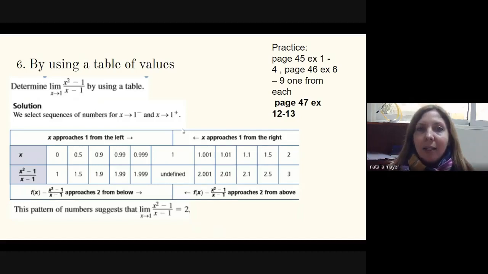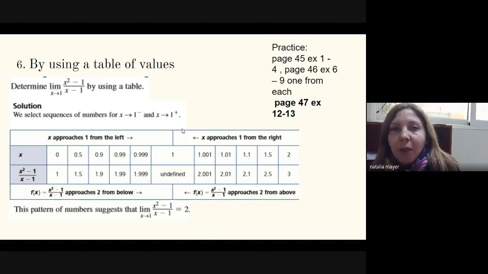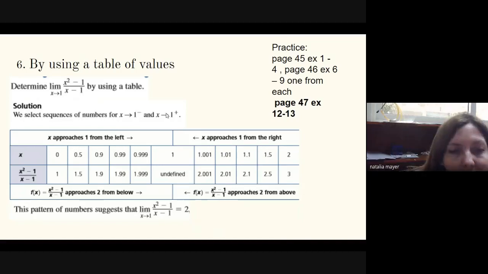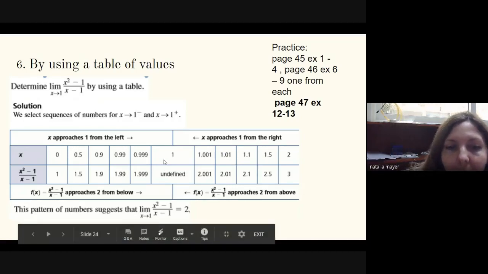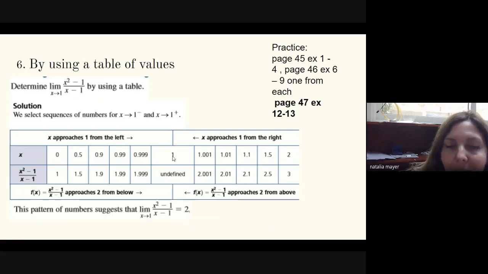So what happens to the output, which is the value of the function, or y, as we come to 1 from the left? Okay, so this is exactly the same idea. If you think about the values which are close to 1 but are from the left, getting closer and closer, it's basically enough to take only 2 values.